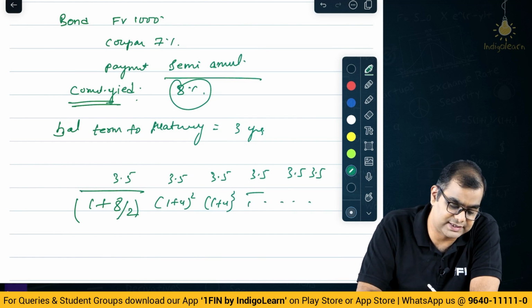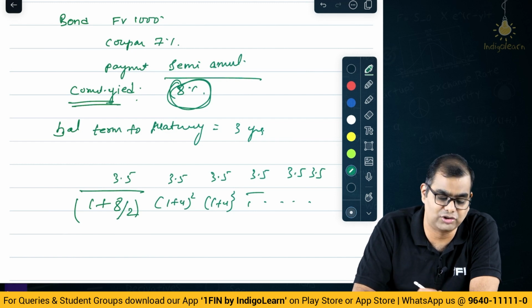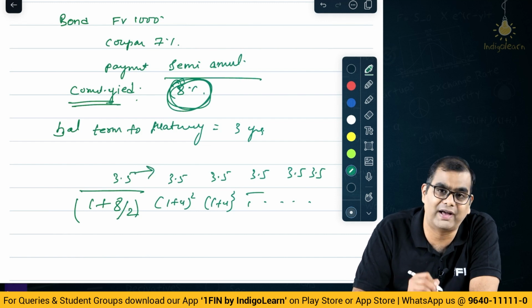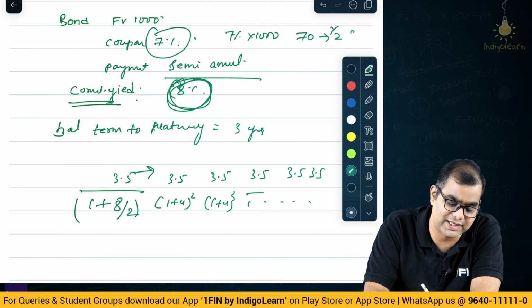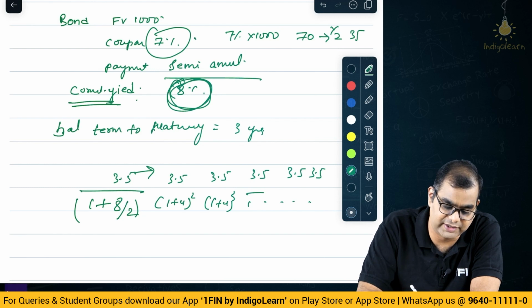So this yield is divided by the coupon payment frequency. Please note, you have not taken 7%, you have taken 7% into 1000. 7% into 1000 is how much? 70. 70 into 2 into 1 by 2 is actually 35. So I should not even take 3.5 here, I should take 35. That is the right thing.